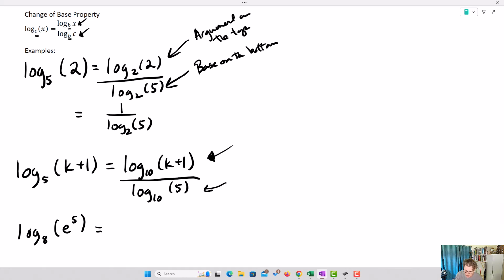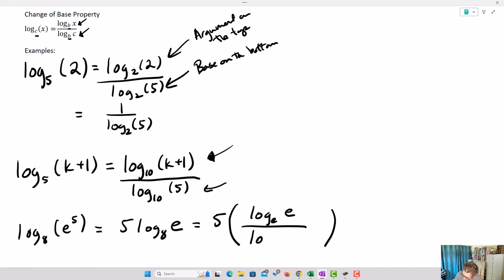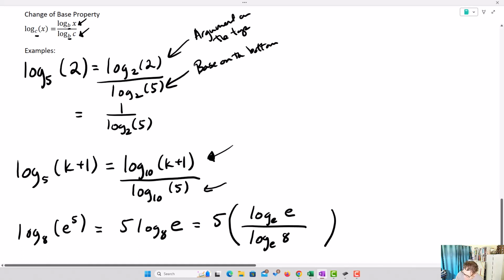First, I'm going to bring out that 5. So it's going to be 5 log base 8 of e. Okay, and then I'll change my base to natural log. Natural log is log base e. So this becomes 5 times, and be sure that you put these in parentheses, log base e of e divided by log base e of 8.